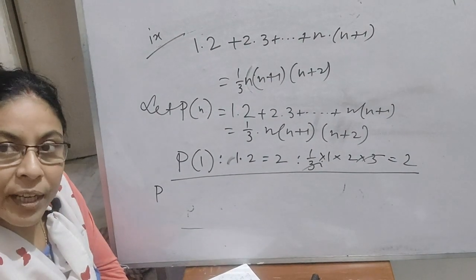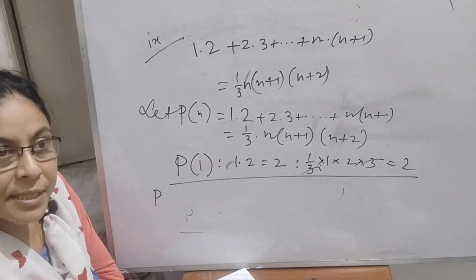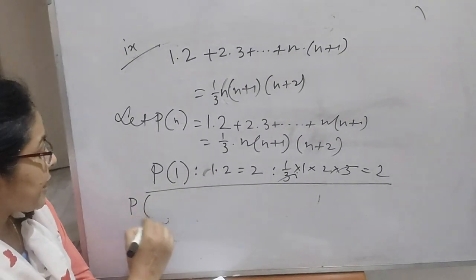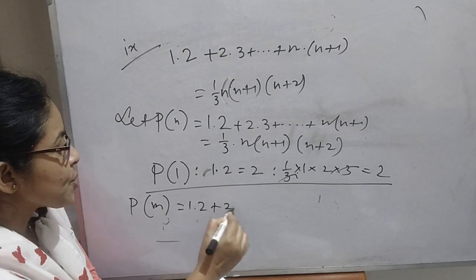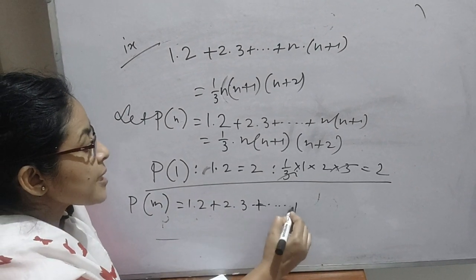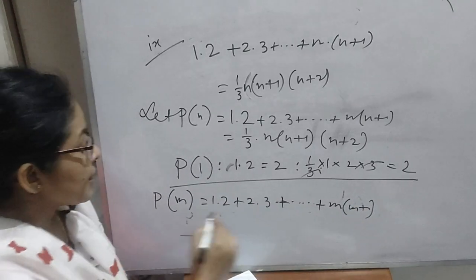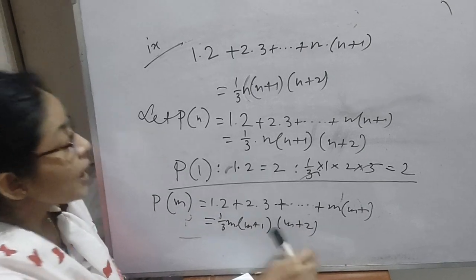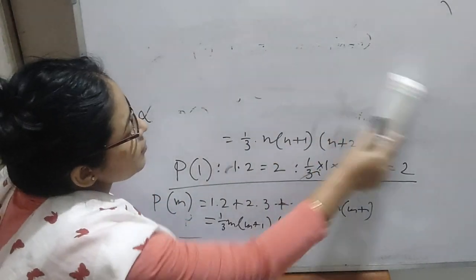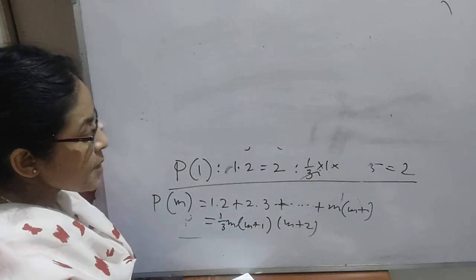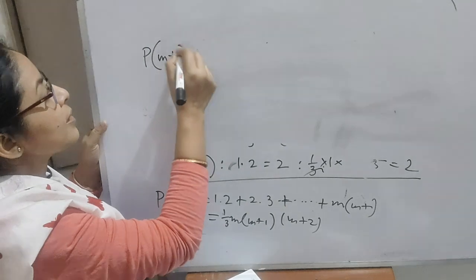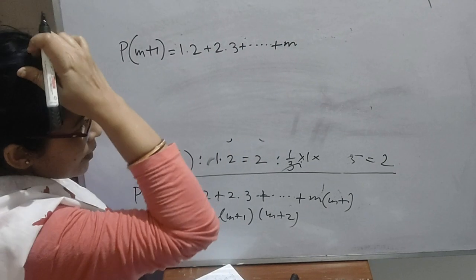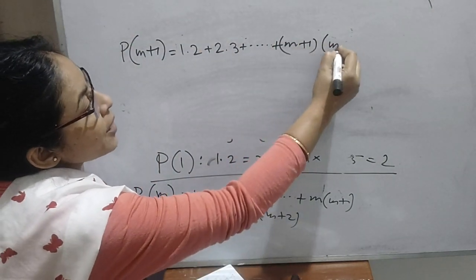Let us assume that when n equal to m, Pm is true. That means Pm equals 1 into 2 plus 2 into 3 plus dash dash dash up to m into (m plus 1), this equal to 1/3 m (m plus 1)(m plus 2). We need to prove that Pm plus 1 is true. What is Pm plus 1? Pm plus 1 equals 1 into 2 plus 2 into 3 plus dash dash dash plus (m plus 1) into (m plus 2).